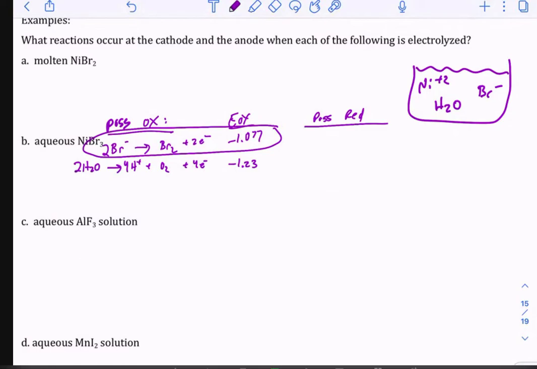Is there such a thing as bromine with a -2 charge? No. Halogens can only go down to -1. So what else can go down? Nickel. We can reduce nickel.